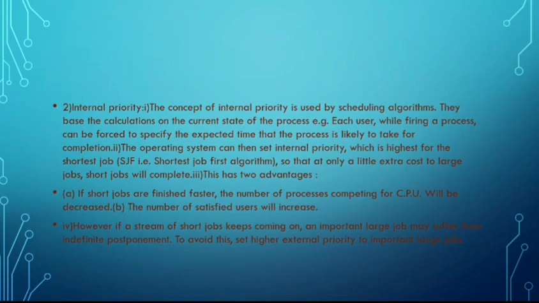The operating system can then set internal priority, which is highest for the shortest job, as in the SJF, shortest job first algorithm, so that at only a little extra cost to large jobs, short jobs will complete. These are two advantages. If short jobs are finished faster, the number of processes competing for the CPU will be decreased. The number of satisfied users will increase.